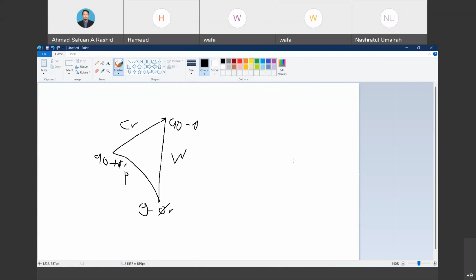Once we determine the W, we may use the sine law. So W over sine of 90 plus phi r is equal to capital CR over sine of theta minus phi r.